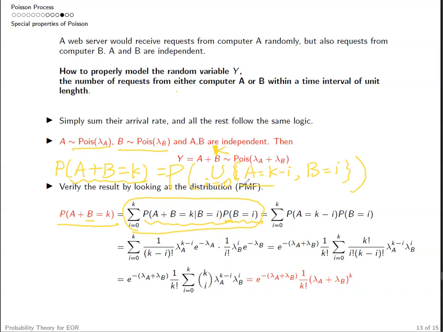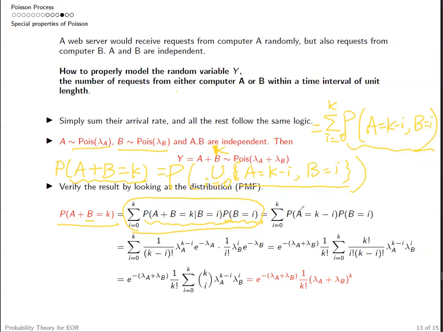And they are mutually exclusive events, so according to the axioms of probability, the probability of this union equals the summation of the individual probabilities, which is the probability of A equals k minus i and B equals i.